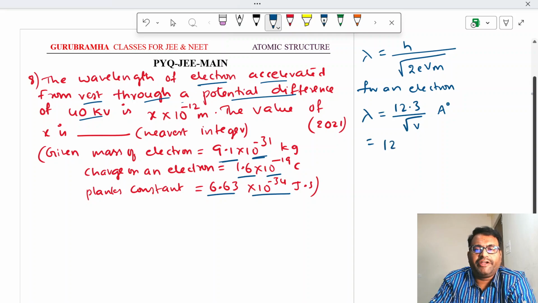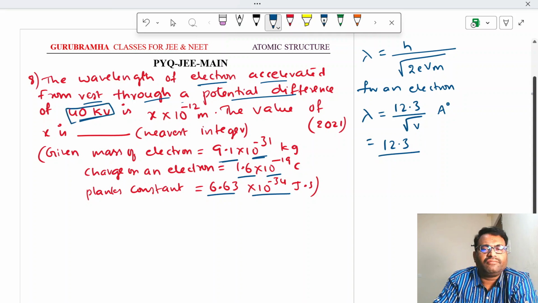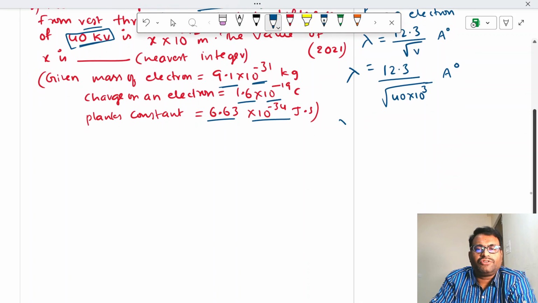So 12.3 by root V, how much is given? 40 kilovolts is given. So root 40 into 10 power 3 volts, angstrom units. So lambda is equal to 12.3 by root 40,000 angstrom.